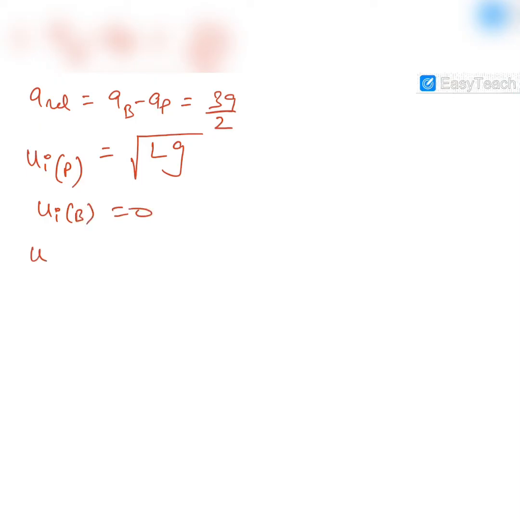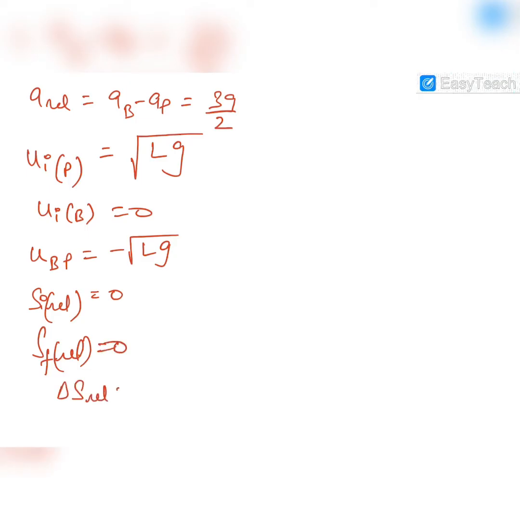So u of ball with respect to pulse initially is minus of root Lg, and the initial relative displacement of the ball with respect to pulse is 0, and the final relative displacement of the ball with respect to pulse is 0. So delta S relative is 0.